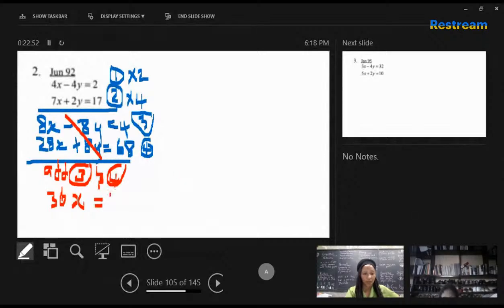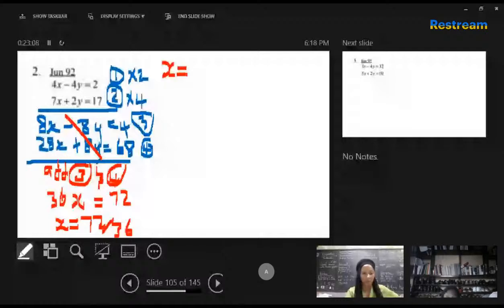So x is equal to 72 divided by 30, which is equal to 2. We're going to plug that value where x is in either one of the equations.